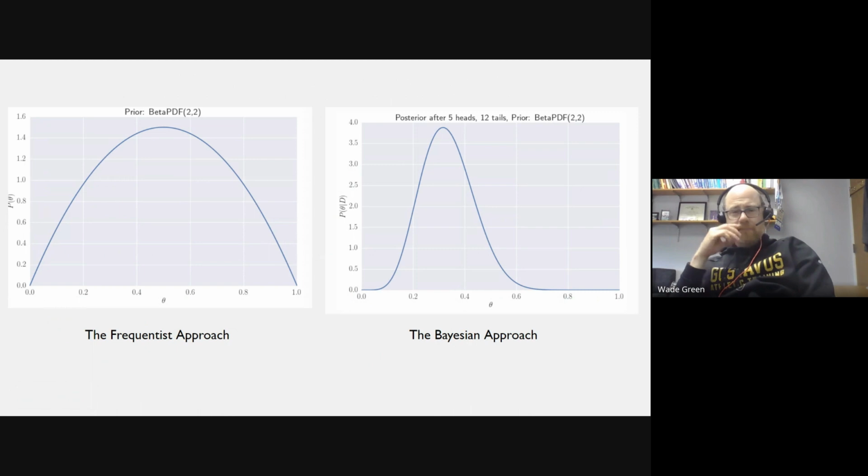But we can see with the Bayesian approach, after we have flipped that coin 17 times, heads has occurred 5 times and tails has occurred 12 times. So if we take a look and actually divide, I'm going to do this on my phone really fast. We divide 5 by 17.